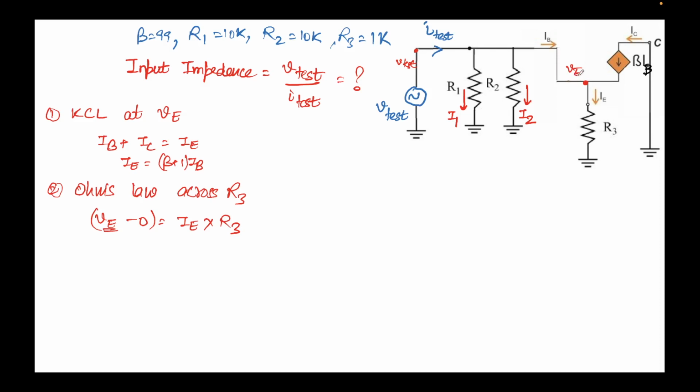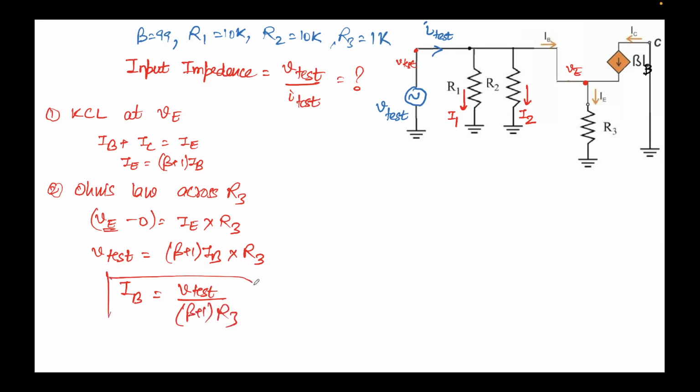So I can write V test is equal to IE, and the value of IE is beta plus 1 times IB times R3. This is an expression that we have obtained, and from this I can write IB is equal to V test over beta plus 1 times R3, and let's call this expression 1.